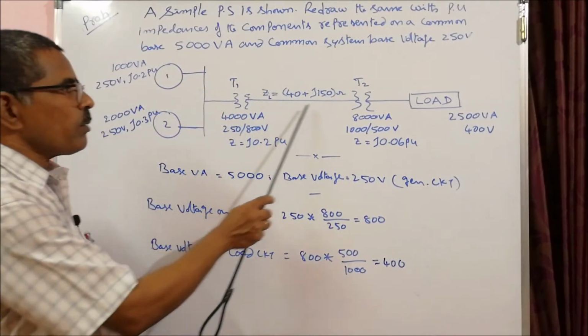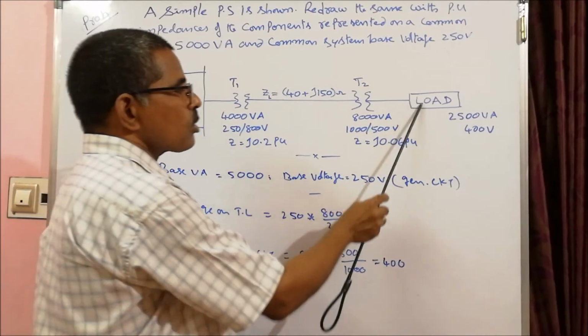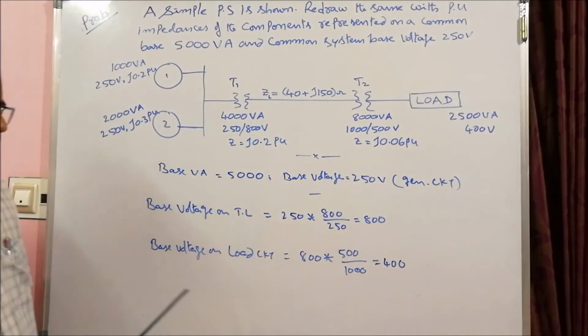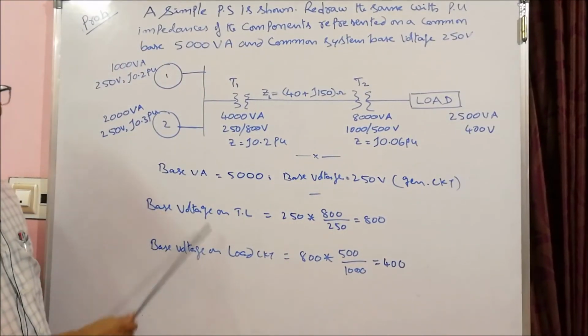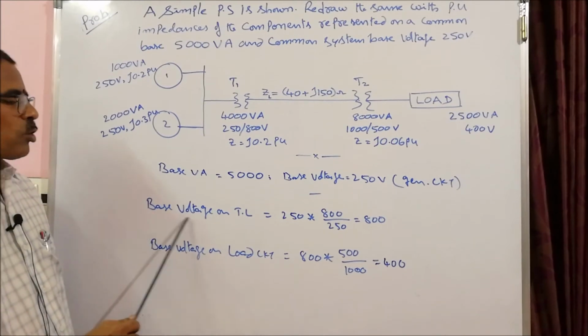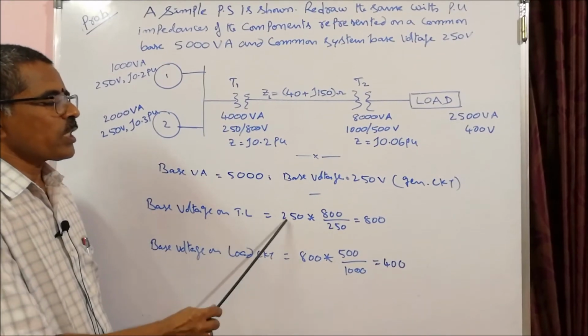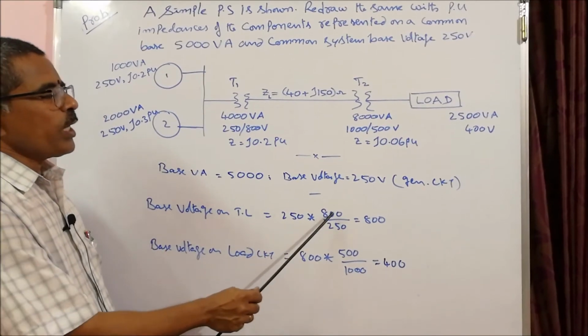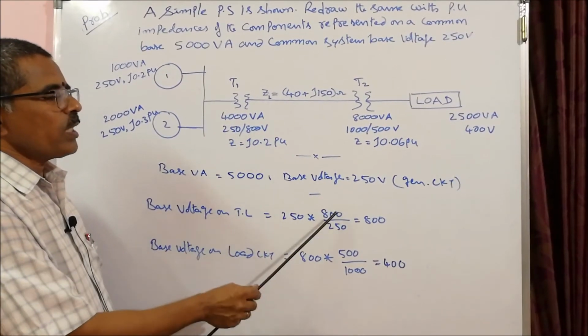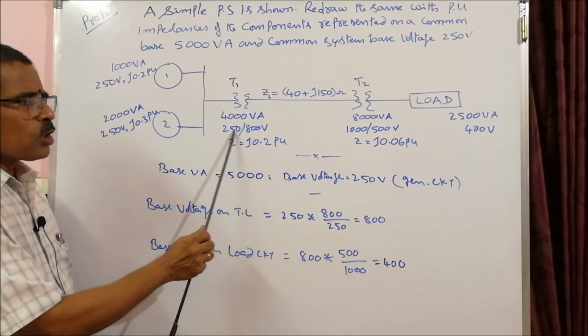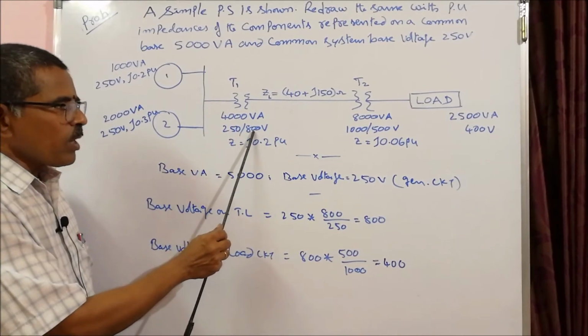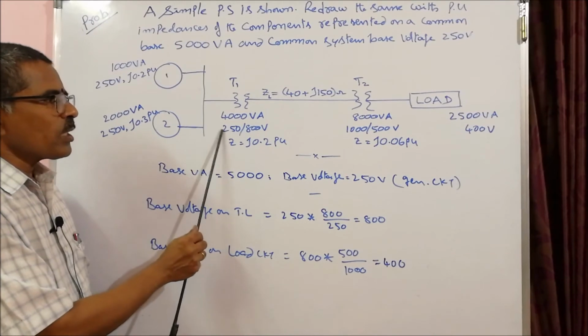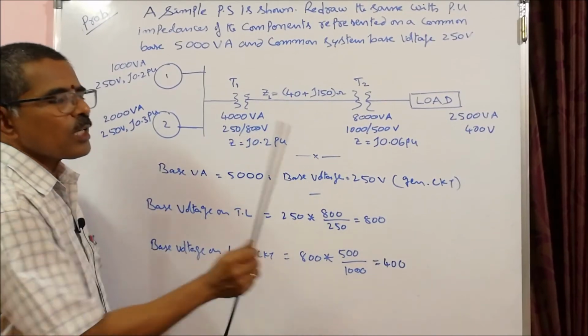We need to calculate the bases for the transmission line circuit and the load circuit. Let me complete those calculations first. Base voltage on the transmission line section is base voltage on the LV side times HV by LV. HV by LV is 800, so it is 250/800. 250 is on this side, so the other side will automatically be 800.